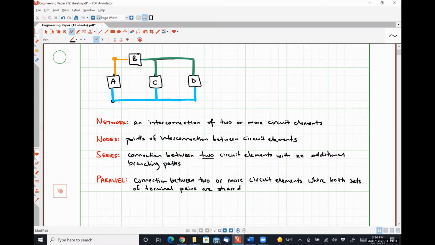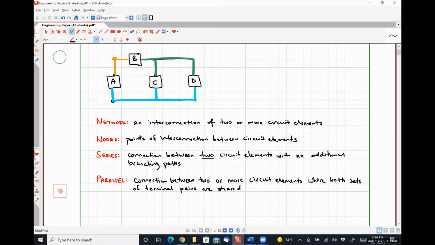So if we look at elements B and C, or B and D, these elements' connection is not a series connection, and it is not a parallel connection. And that is perfectly okay, all right?